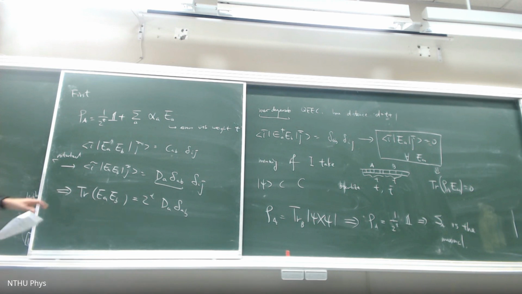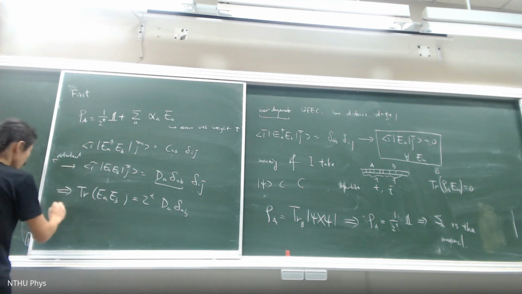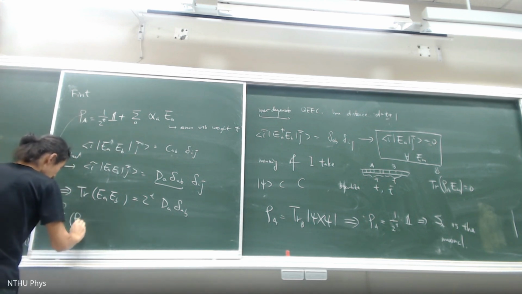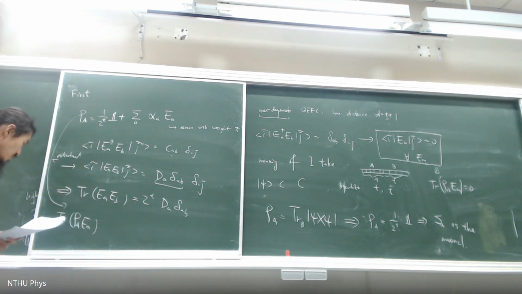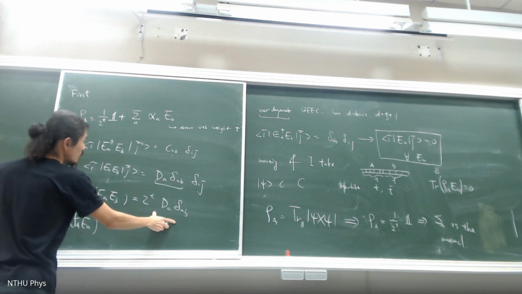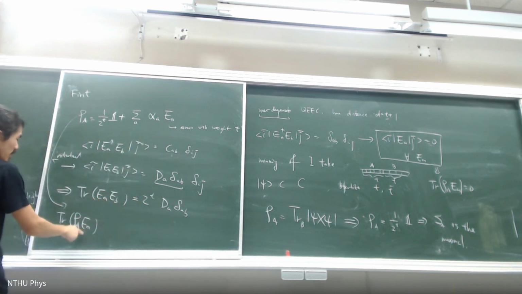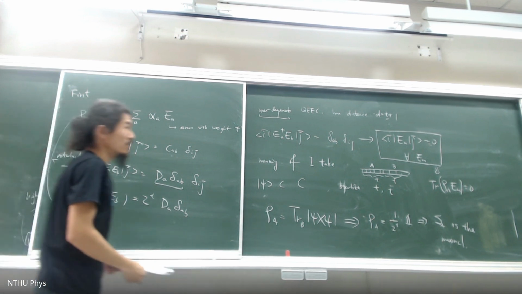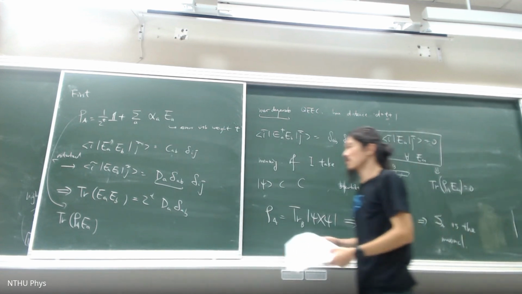Now, since I'm assuming this has this form, I'm plugging this into my trace, rho A, EA. So the first term will be nothing, giving me this one. And then the second term is this and E. This is the second term. But as we know, by this non-degenerate code condition, this is 0.